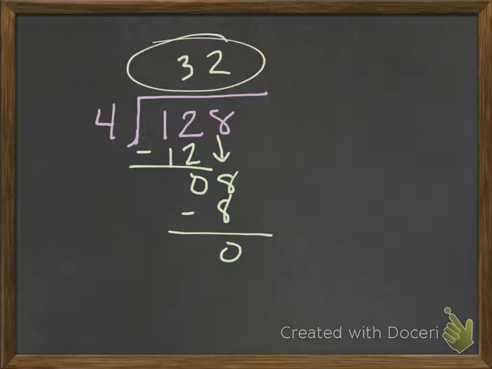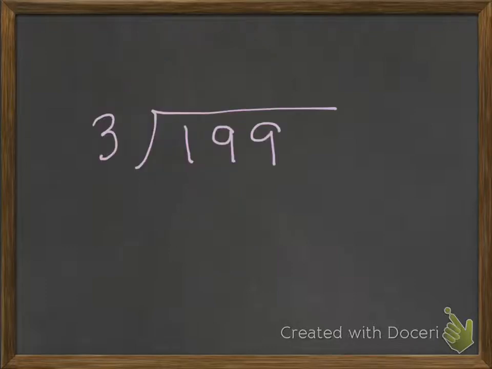So that's an example of no remainder. This is something you can just look at; you don't need to write this down. Second example, again you don't need to write this down, just follow. How many times does 3 go into 19 evenly? 6 times. 3 times 6 is 18.